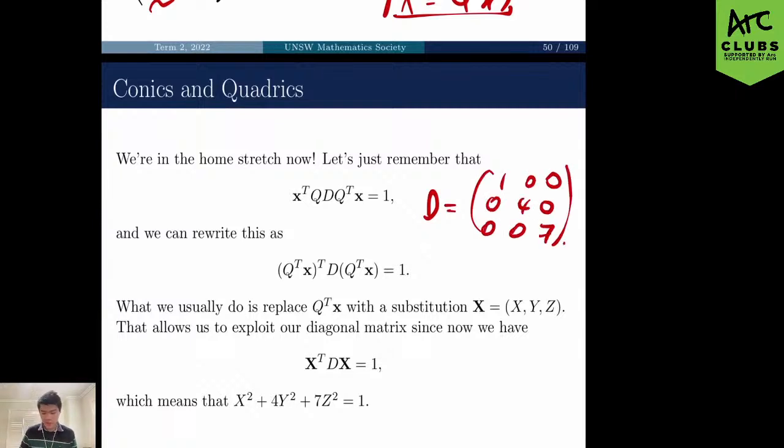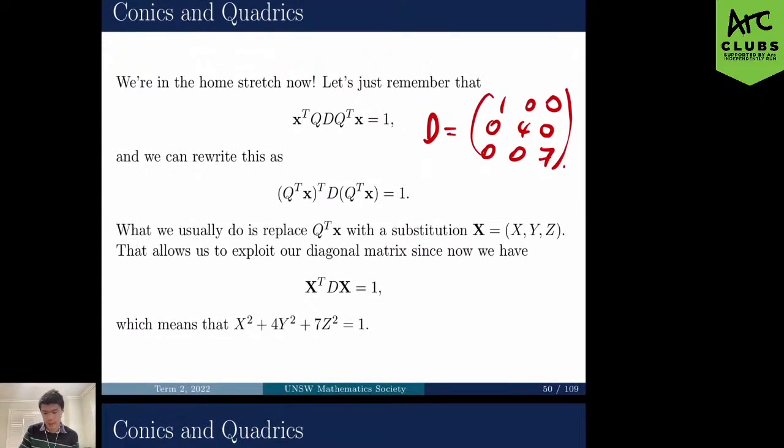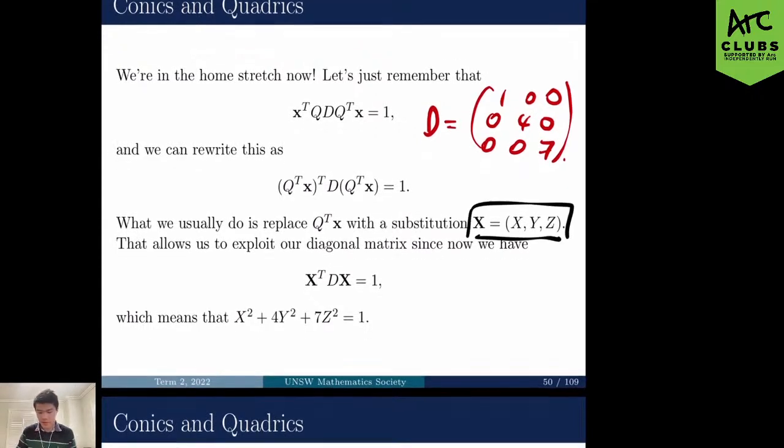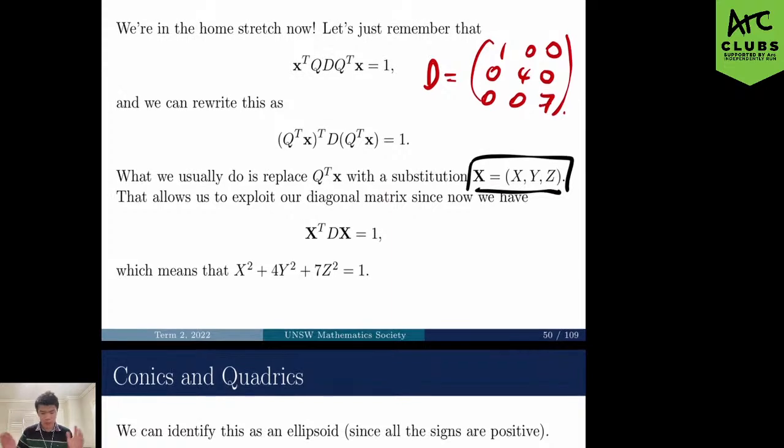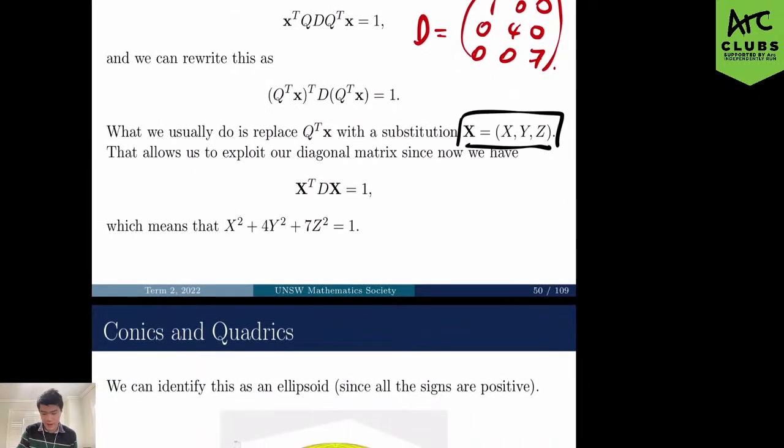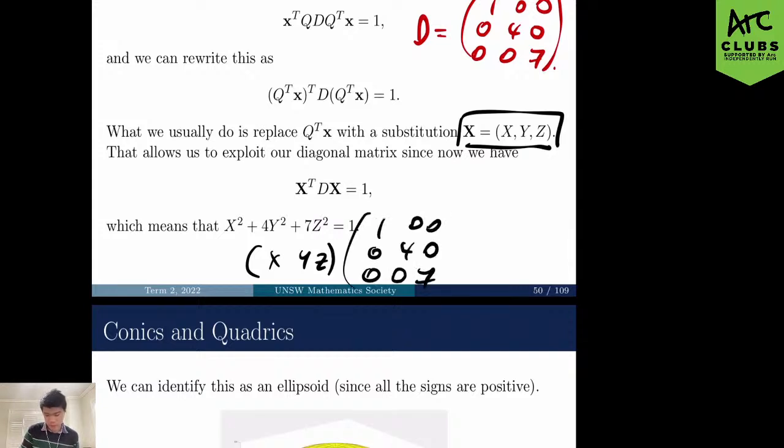So if we let this substitution X equals (X, Y, Z), then what we basically get is, instead of this complicated equation with all of these xz terms, these xy terms, these yz terms, we just get something like this. We get (X Y Z) times the matrix 1, 0, 0, 0, 4, 0, 0, 0, 7 times (X Y Z) is equal to 1.